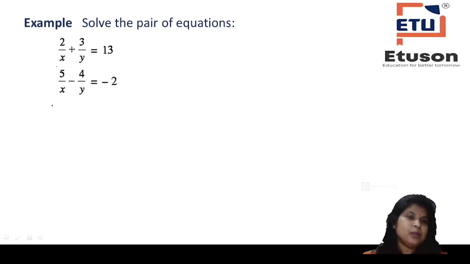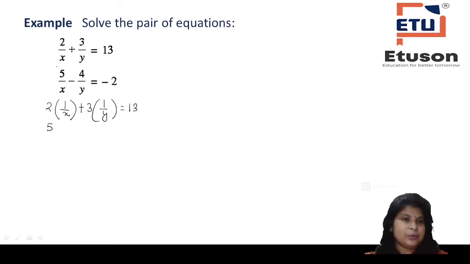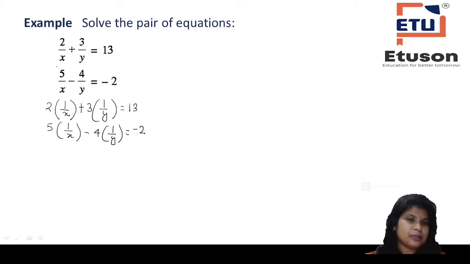So now first I will write down this equation in the form 2 into 1 by x plus 3 into 1 by y is equal to 13. Can I write in this form? Right or not? Similarly, the second equation: 5 into 1 by x minus 4 into 1 by y is equal to minus 2.